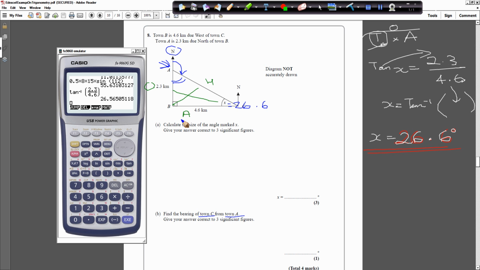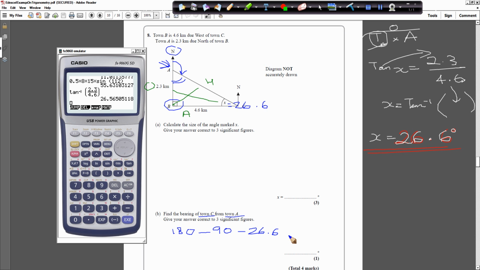Okay, so let's have a look. What we're going to do first of all, we can say 180 degrees minus, what angle is this here? 90. And then what do we minus next after that? 26.6.